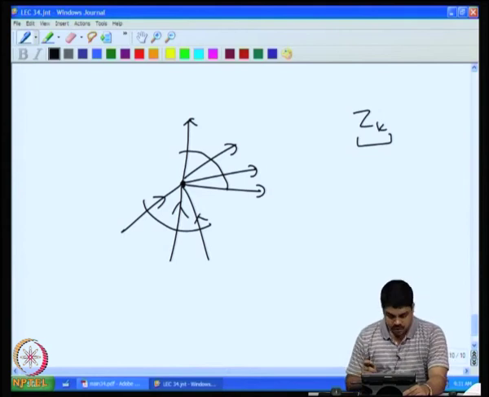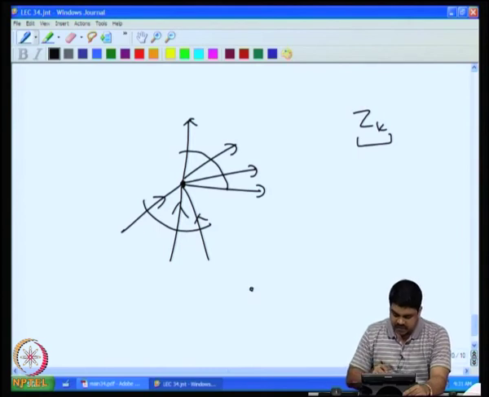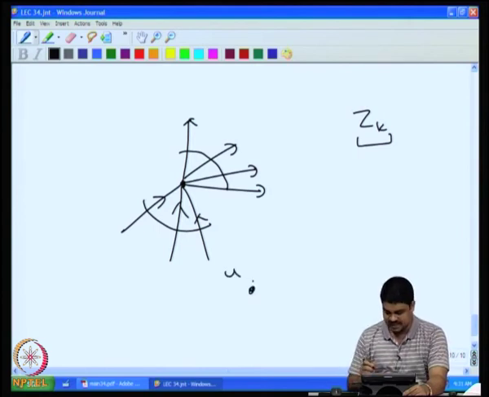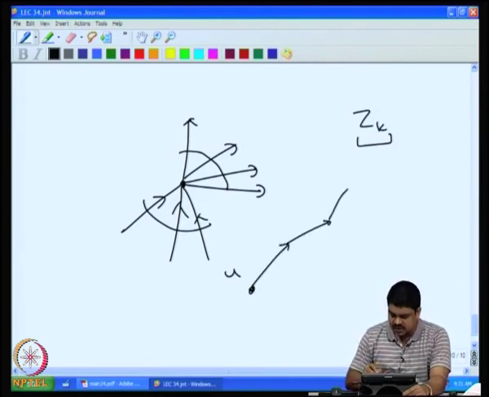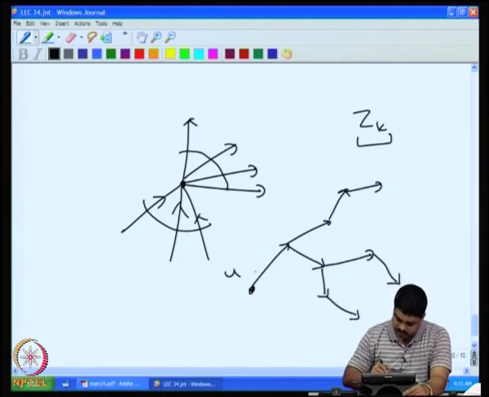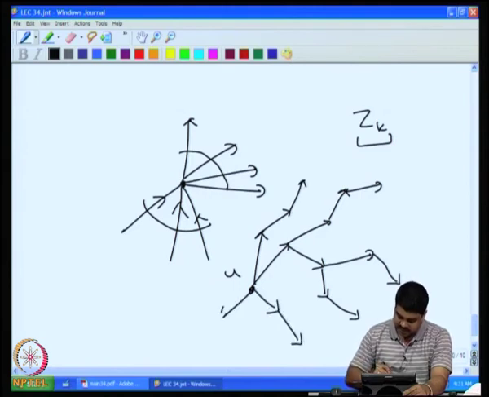Now, we can start with a u which has a positive excess this time, say, and then we can consider all the vertices which are reachable from u by a directed path. This time the notion of path we are taking is different, we are taking directed paths, not allowing any reverse edges.